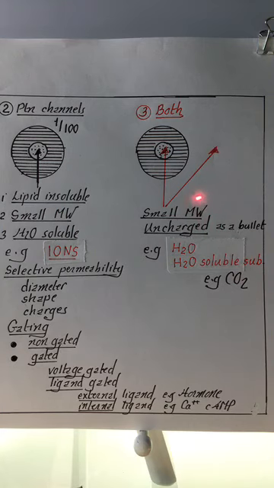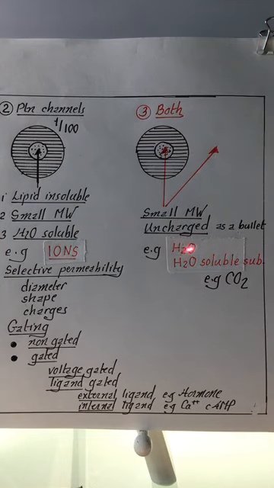These substances must have two characters. They must be of small molecular weight, low molecular weight, to be able to pass through the protein channel. And they must be uncharged to be able to pass through the lipid substance despite the fact they are lipid insoluble.